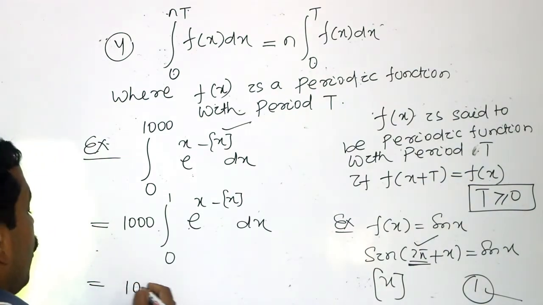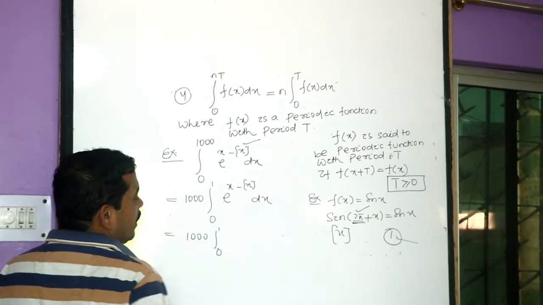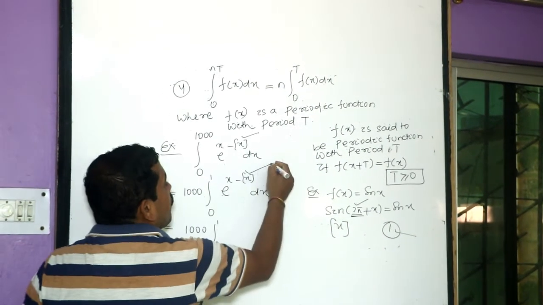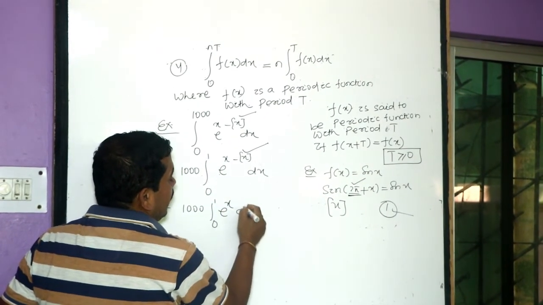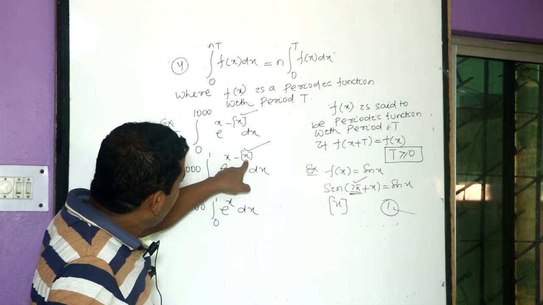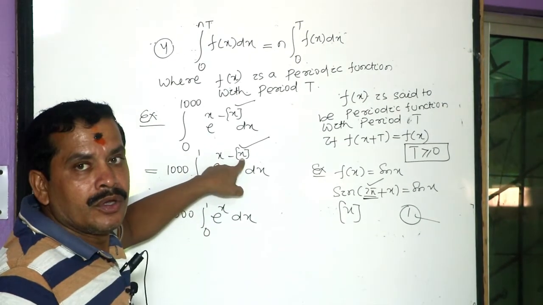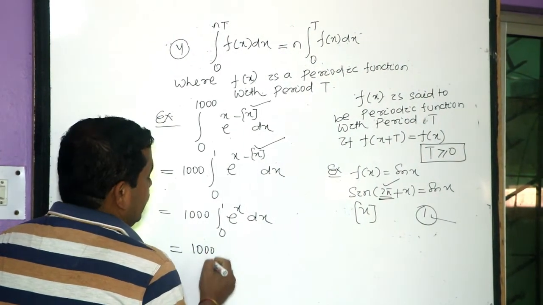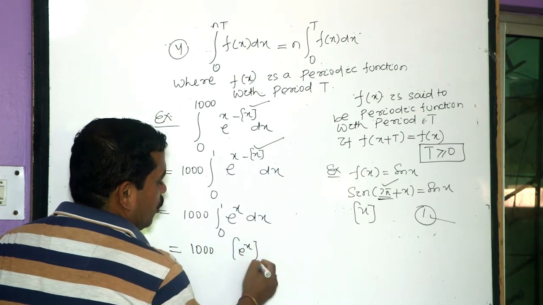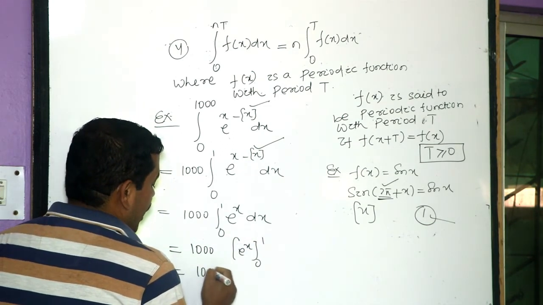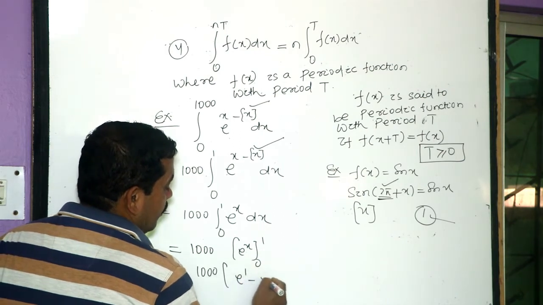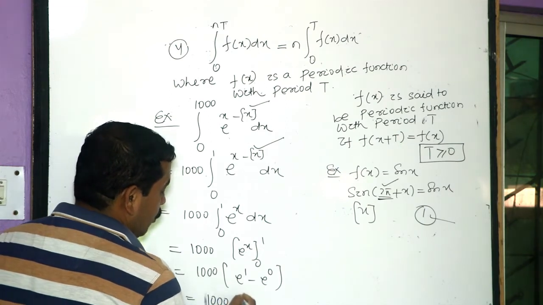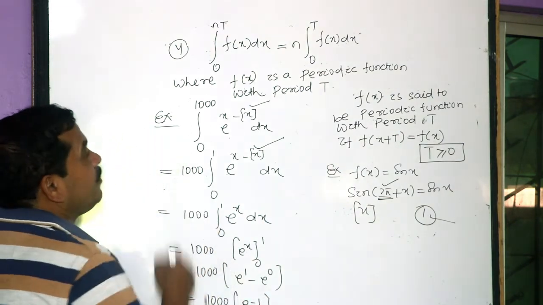We know that the value of the bracket function from 0 to 1 is 0, so this term vanishes. The integration will be e to the power x dx, which can be evaluated directly: 1000 times e to the power x from 0 to 1, which is 1000 into e to the power 1 minus e to the power 0. That is equal to 1000 into (e minus 1). That is the value of the integration.